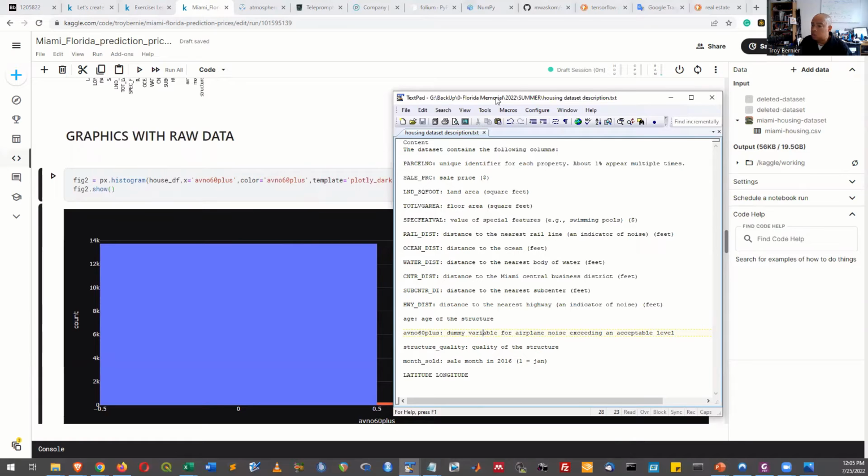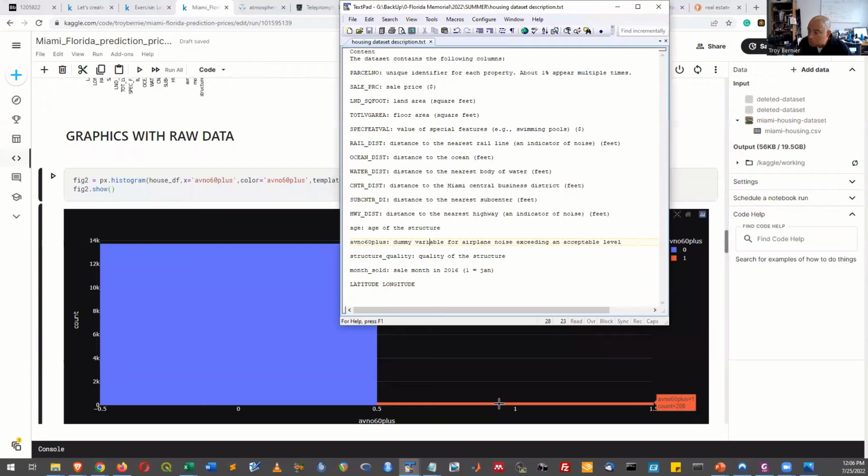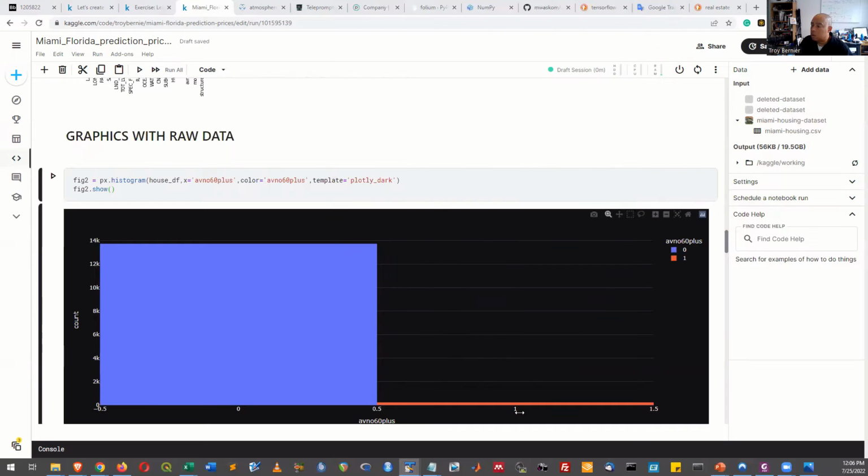But there's a small number right here of 208 that are within proximity of an airport, and they were sold near an airport's flight path where the plane is so low because it's so close to the airport.